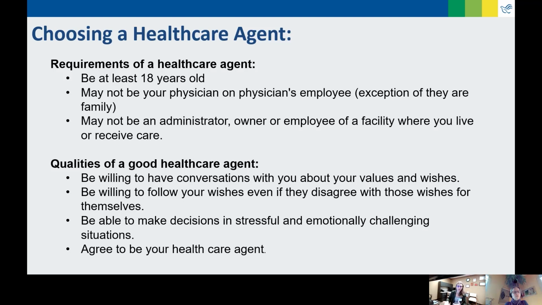And so a good agent would be able to say, even though my wish for you would be X, Y, or Z, I know that for my mom, dad, sibling, friend, whatever it is, it would be really important to them that they didn't go down this path, or that they did go down this path, whatever the answer might be. So they need to be able to step into your shoes, into your values, into what's important to you and your care, regardless of what they would wish for you or for themselves.